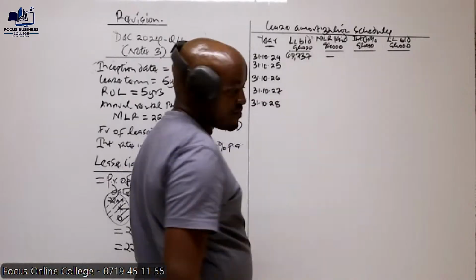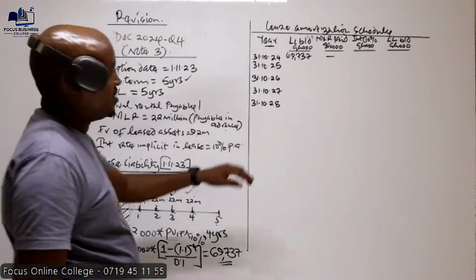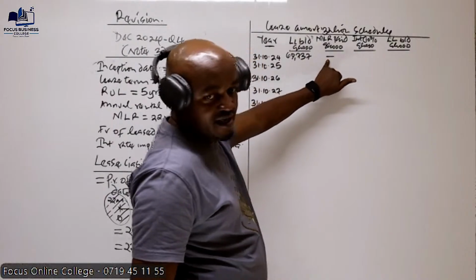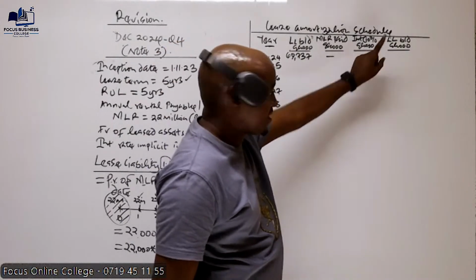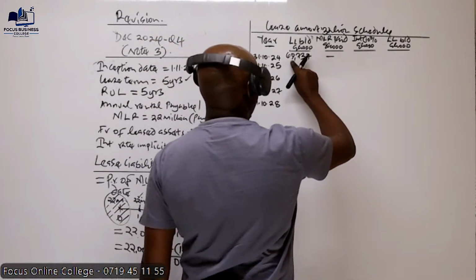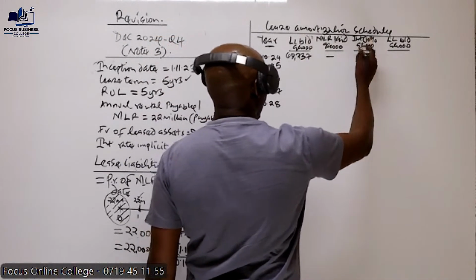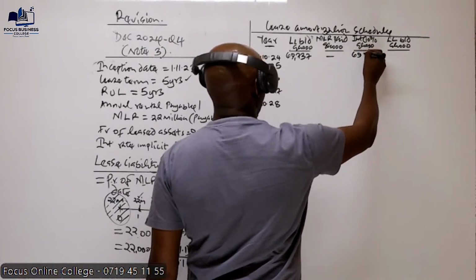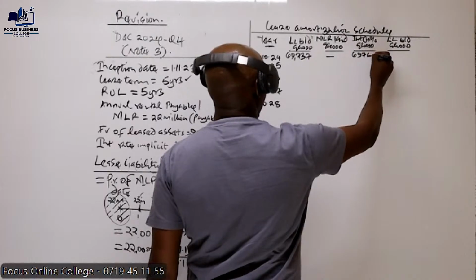So then from there, we compute interest. How do we compute interest? We take this one minus this, and whatever we get, we subject it to 10%. So in our case, we take this one minus 0. We get 69,737, and 10% of it is 6,974. We will work with all our figures to the nearest whole number.